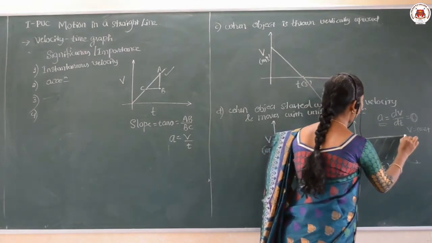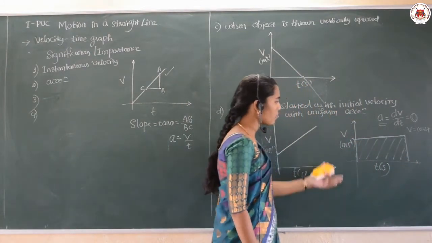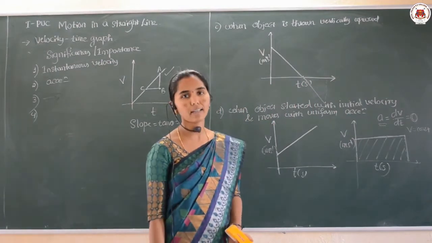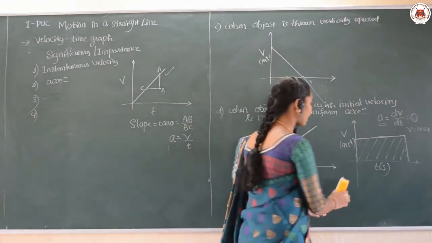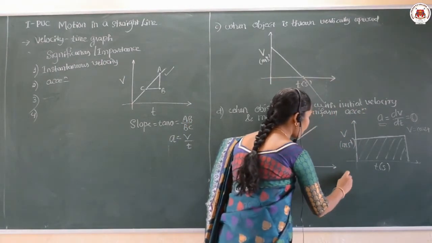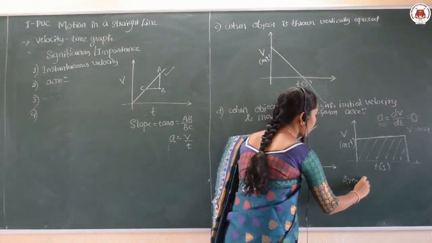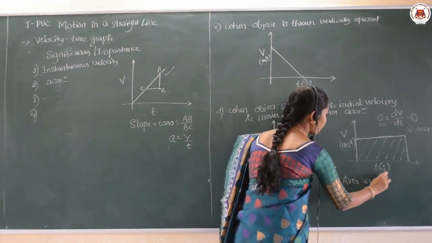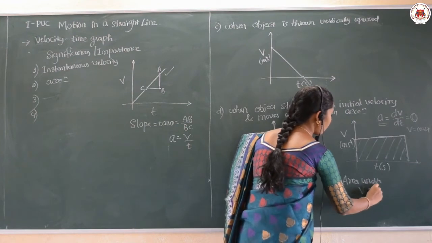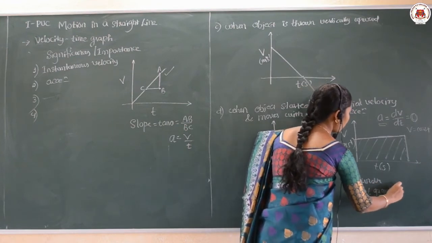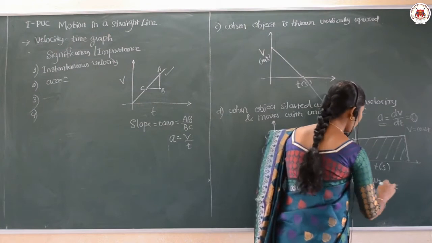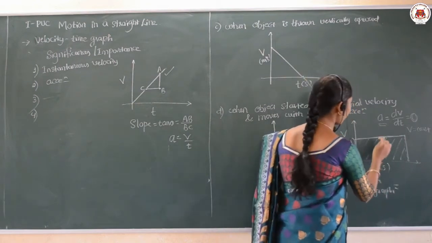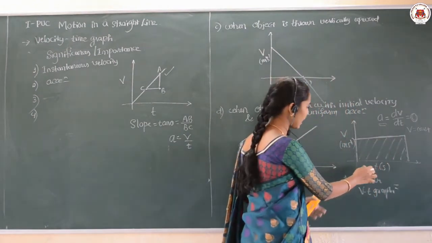For this graph I am assuming there is one rectangle. What is the area of the rectangle? So the area under the VT graph is nothing but the area of the rectangle here.